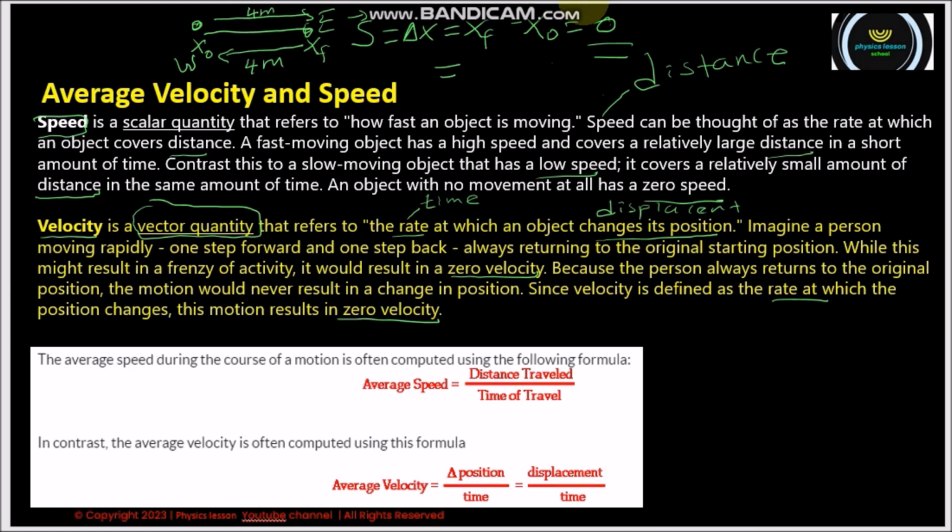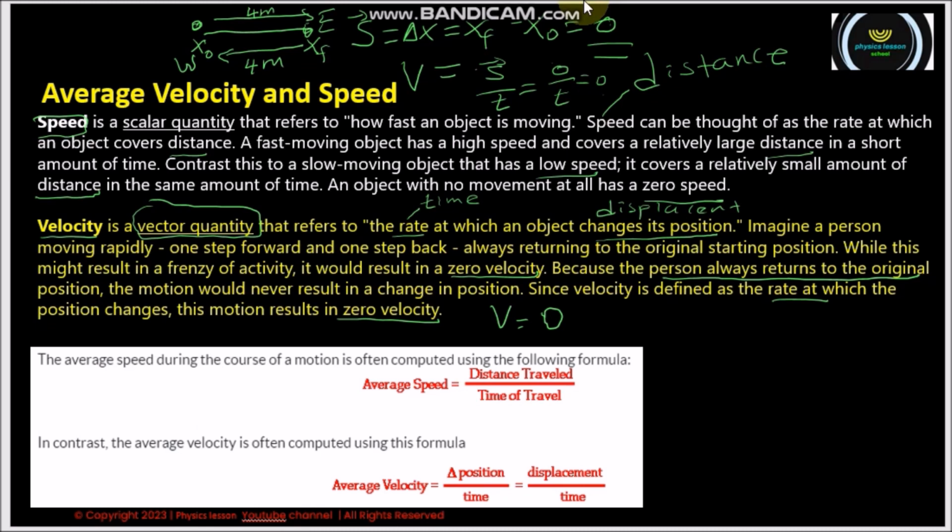Velocity is equal to displacement per time. If the displacement is 0 over time, it is equal to 0. That is why we say the velocity is 0, because the person returns to the original position with equal displacement.